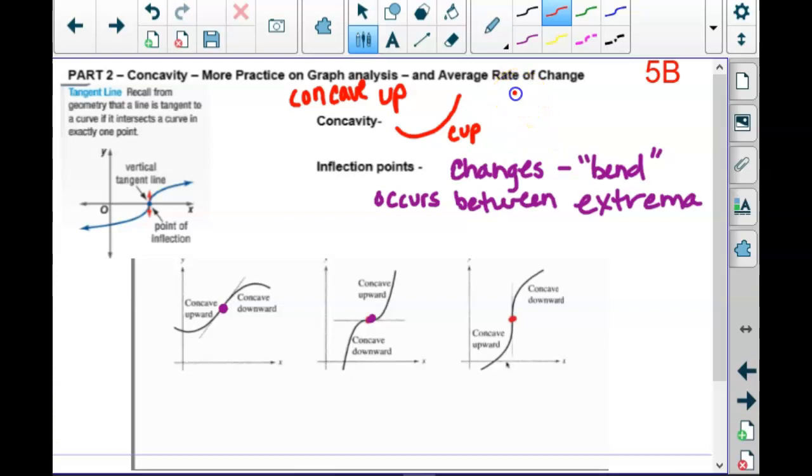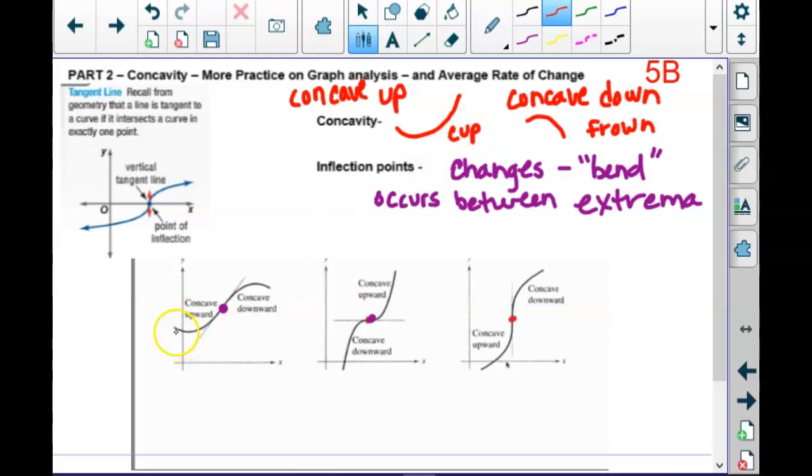And the other option is concave down, which is this idea. It's bent this way, and we say down like a frown. I used to say that's like a grin or a frown, but Miss Gupta does up like a cup, and that rhymes, so we'll go with it, okay?